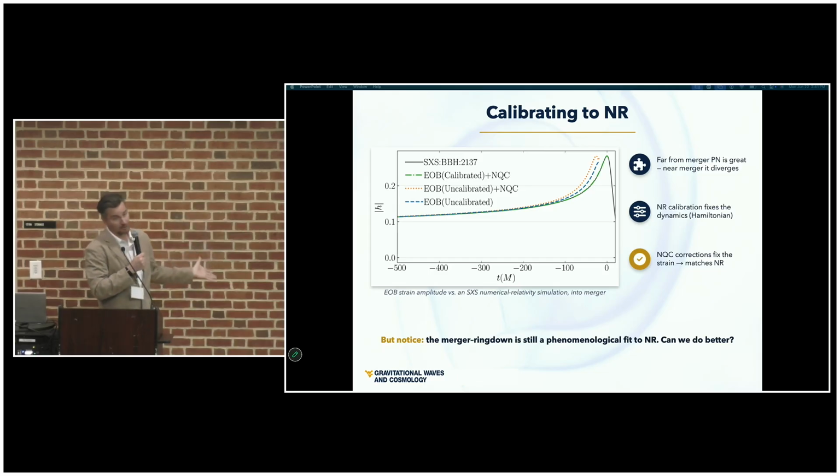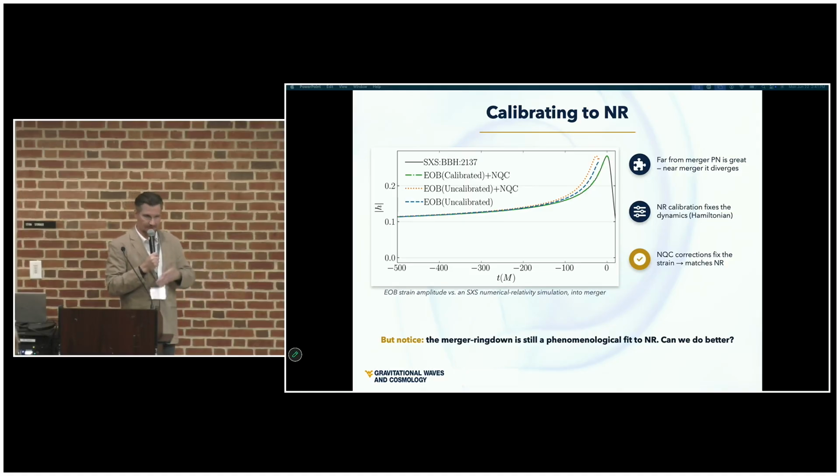But that doesn't bring you all the way. It would be great if there were a nice, clean, effective one-body way of understanding the physics that got you NR-level accuracy waveforms, but it doesn't. So you can calibrate. You can introduce different degrees of freedom, things like the non-quasi-circular corrections.